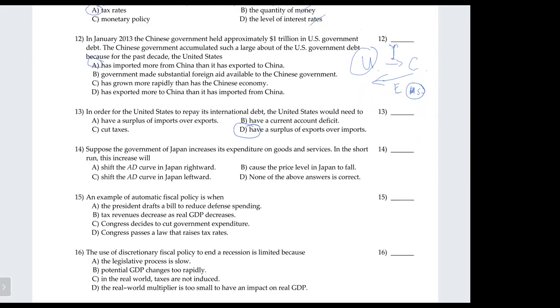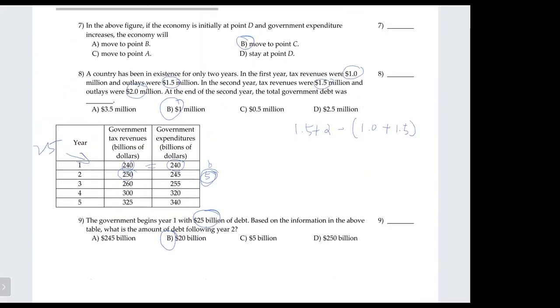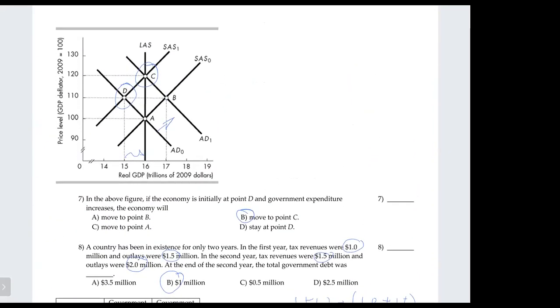14, suppose the government of Japan increases expenditure on goods and service. In the short term, it's going to help aggregate demand. It's going to lift up aggregate demand, right? So the answer is A. And actually, you can just look at this figure, right?